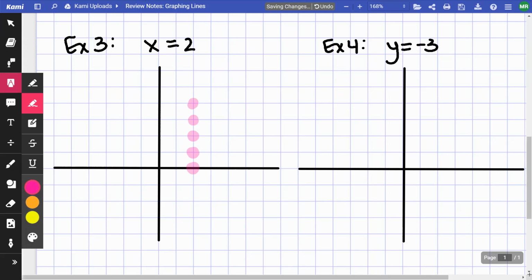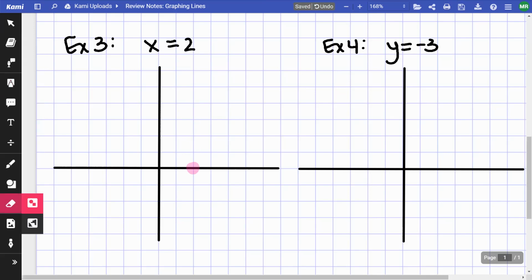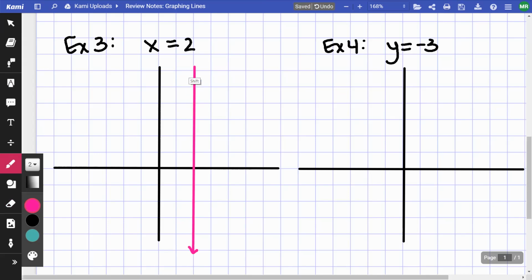So what you see we end up getting is a vertical line going through where x is equal to 2. So this right here is our line x is equal to 2. It's going to be a vertical line. All x equals are vertical lines.